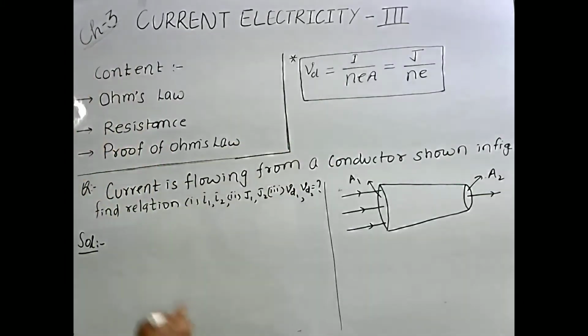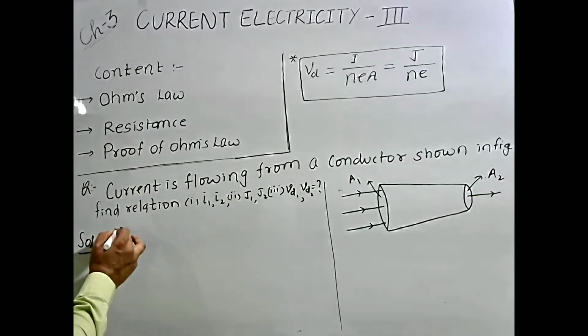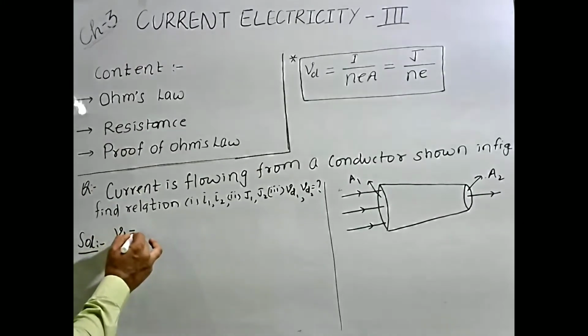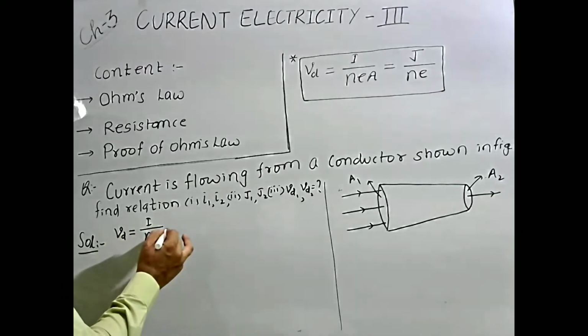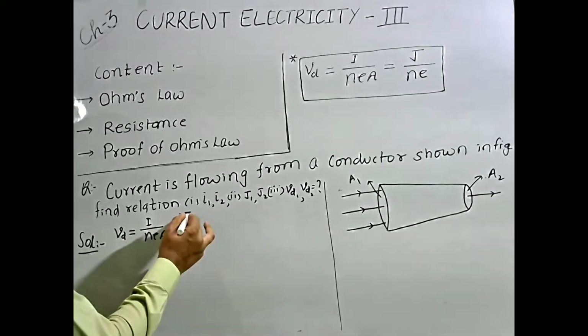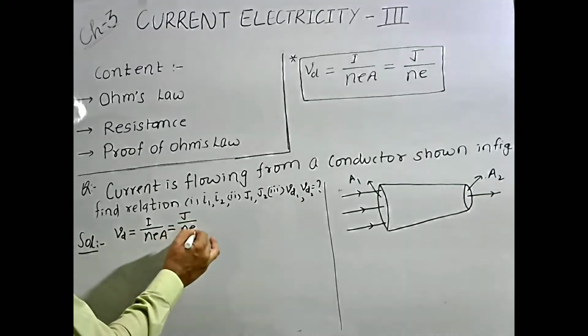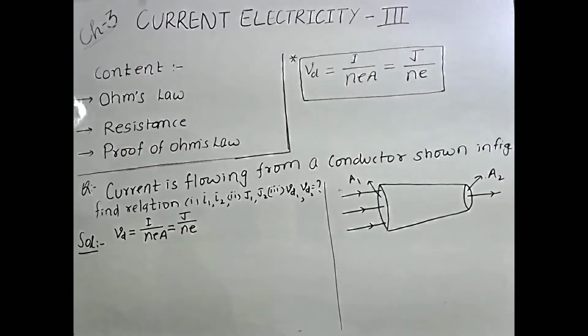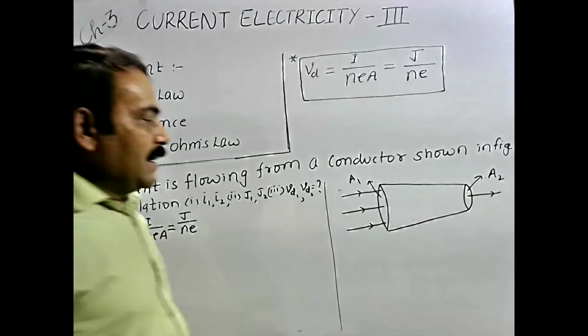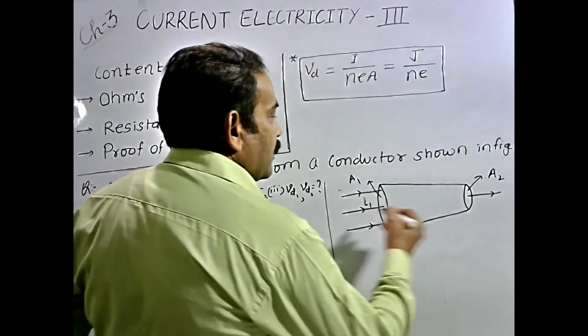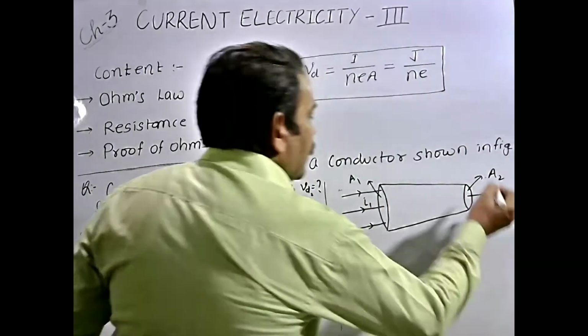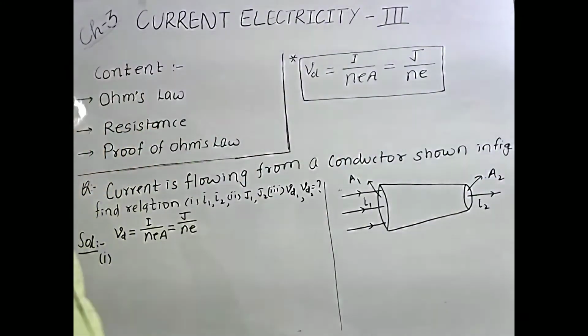So first you note the relation VD is equal to I upon NEA and this is equal to J upon NE. In this first we have to find a relation between two currents. I1 suppose here passes from this area of cross section and I2 from area of cross section A2.